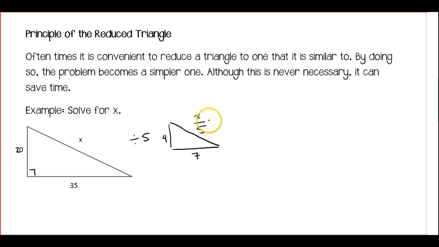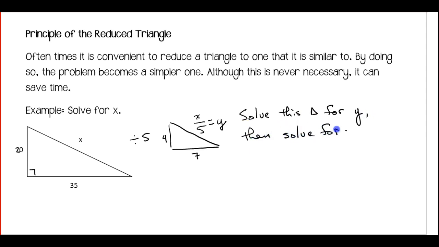So normally at this point, I'm going to assign this expression a different variable and just let it be y. And then I'm going to solve this triangle for y, then solve for x.